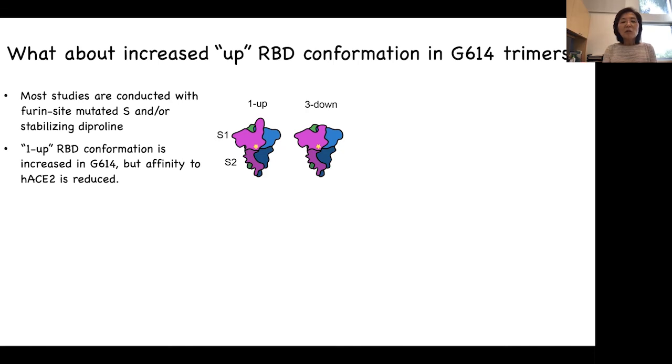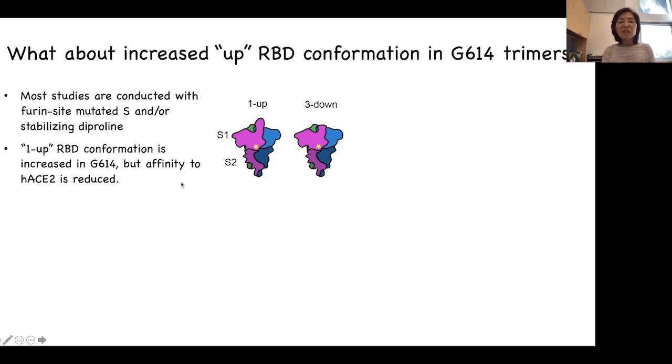But no matter what, if the one-up conformation population is increased, then their affinity to ACE2 should be increased also. But they never talk about ACE2 affinity, but one paper measured it, and actually that was decreased. So it just doesn't make sense.